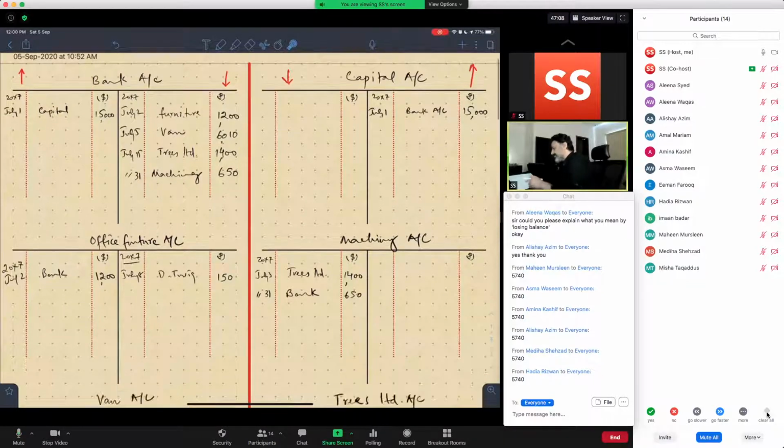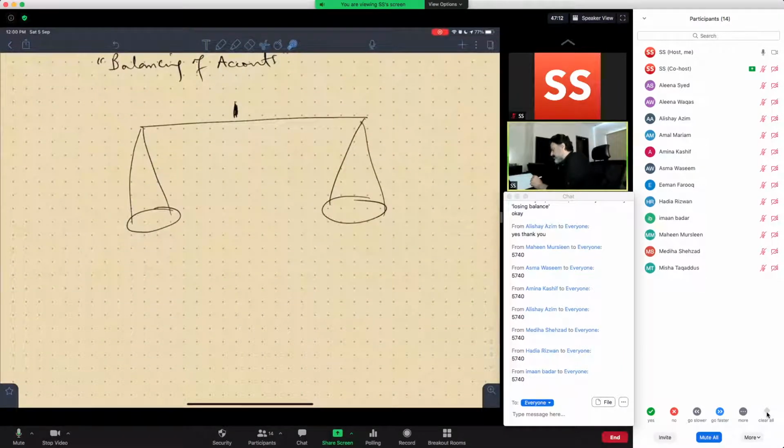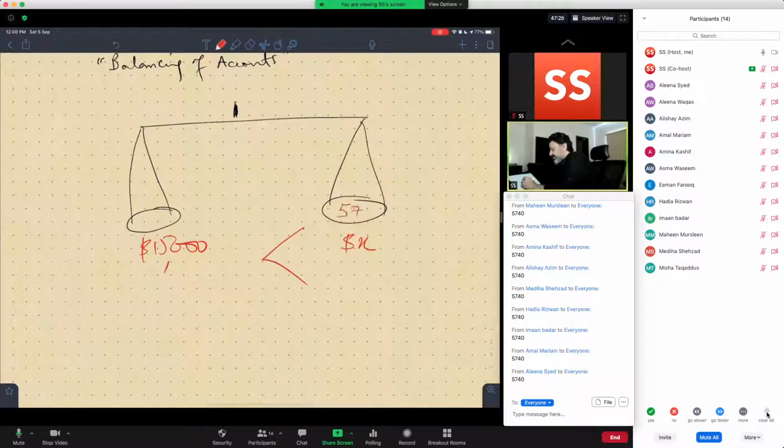So now comes this side of the account is $15,000. Let's say I'm just using this physical scale as a symbol here. And this side is some dollar X, which is less than $15,000. So that is why we need to insert $5,740 worth of weight on the lighter pan in order to balance the scales, right?